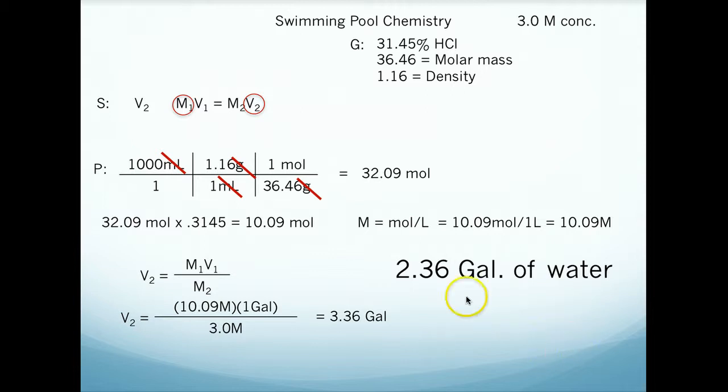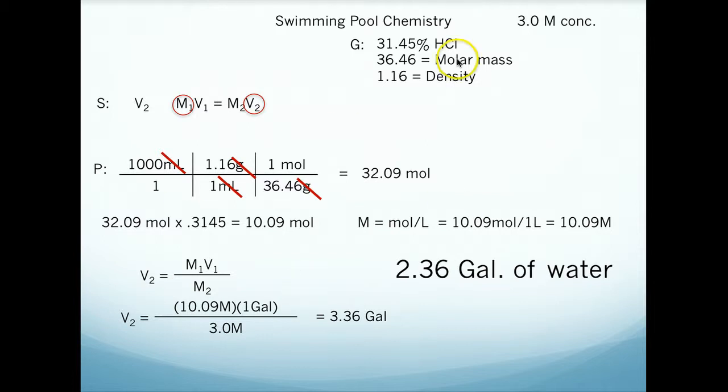So I'm going to put 2.36 gallons of water in a bucket, and then I'm going to add my gallon of acid to that, to bring the total volume up to 3.36. That's going to be a 3 molar concentration. And now I can safely pour that into my pool without fear of it dissolving the grout between my tile.